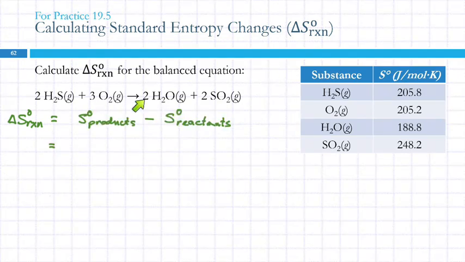Look at the products first. In this balanced chemical equation, there's 2 moles of water, right? So times the entropy of water. This is in the gas state. This is in the gas state. It's important that you match everything up. So that's 188.8 joules per mole Kelvin.